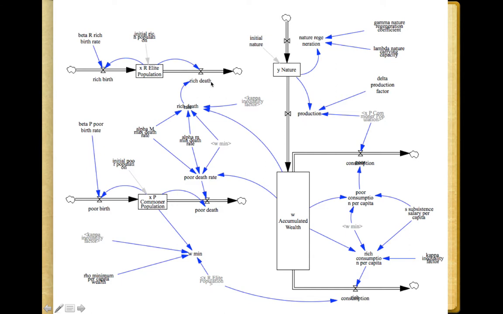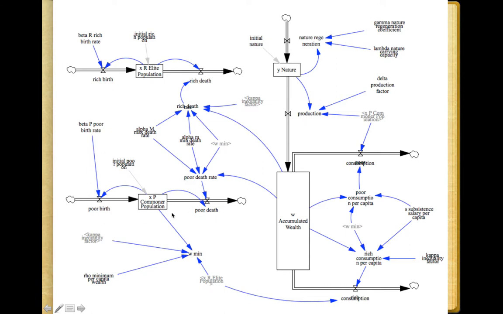The death rate is driven by the threshold, so the maximum alpha capital M and the minimum alpha little m, the inequality factor, and we'll see what these shadow or grayed out variables mean, and the minimum wealth. Those actually drive not only the death rate of the elites but also the death rate of the commoners.